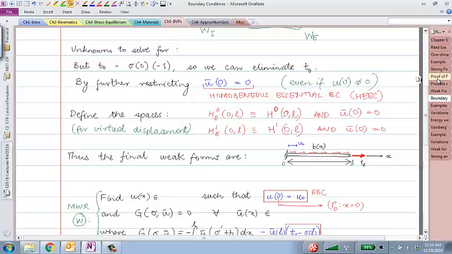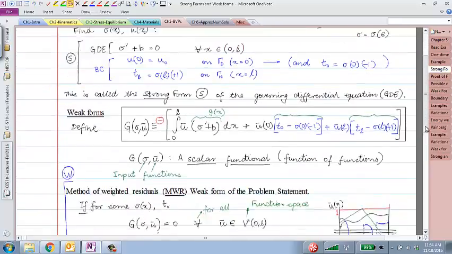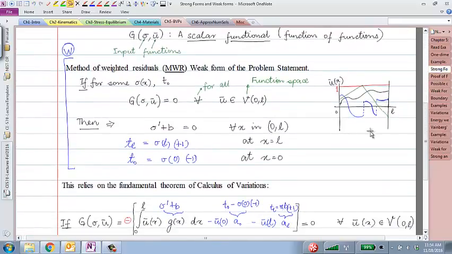And let me take a step back here also. You remember when we were laying out this logic of weak form that this functional must go to 0 for all possible u bar functions that could be picked from a space of arbitrary functions. The only restriction on this space of functions was that these functions have to be square integrable, correct?